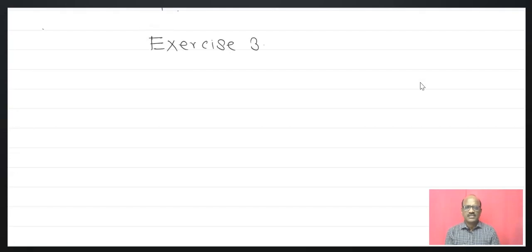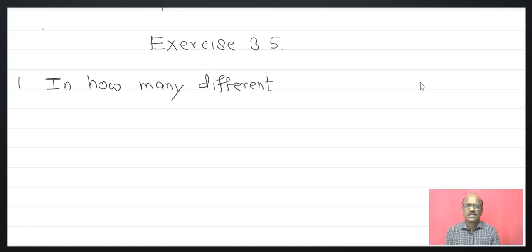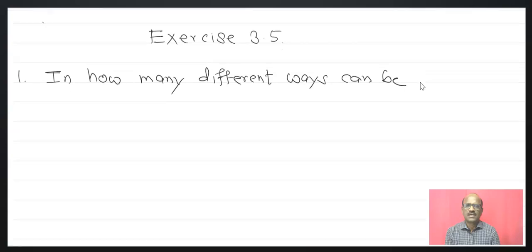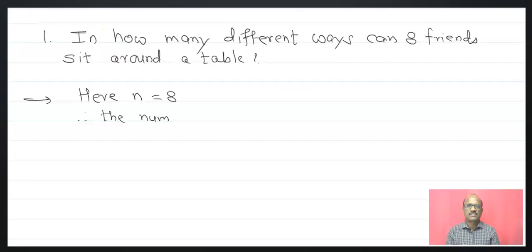Now we'll start the exercise, that is 3.5. In how many different ways can 8 friends sit around a table?